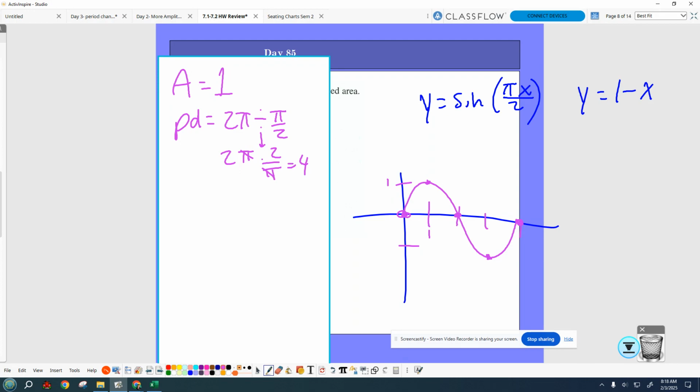And y equals 1 minus x. Karen, what's the y-intercept of that? 1. Katie, what's the slope of the straight line? What's the slope of this line? 1. Negative 1? So the question is asking us to do what?